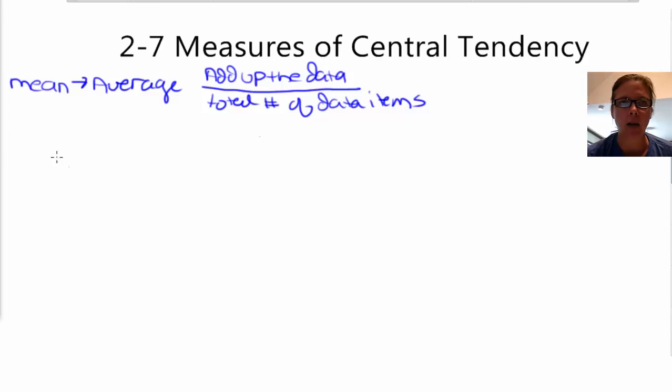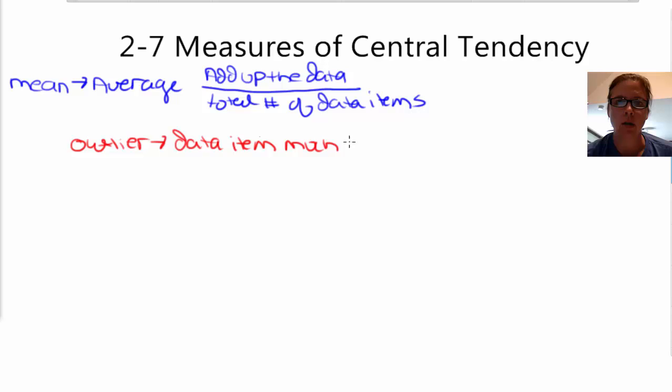Outliers go with the average. Outlier just means a data item that's much larger or smaller than the rest of the data. Okay?